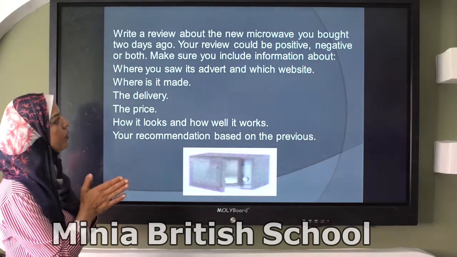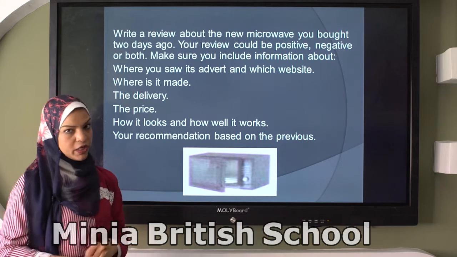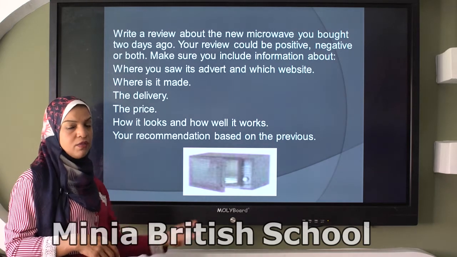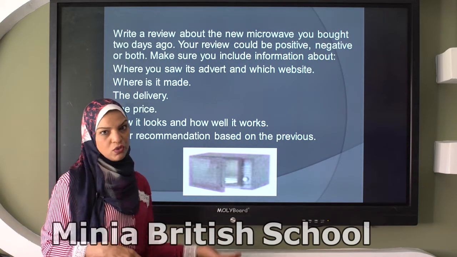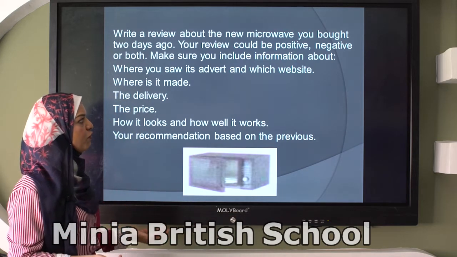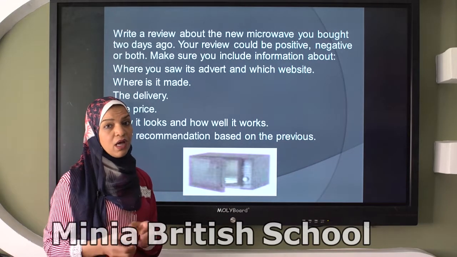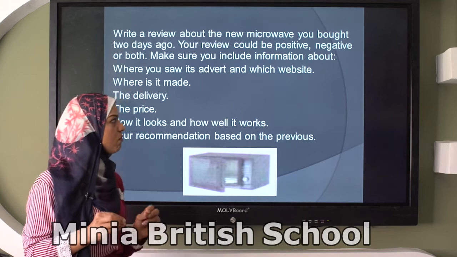Make sure you include information about where you saw the advert and which website. If I saw that in the newspaper, you have to mention which newspaper. If you say that you saw the advert on the internet, you have to tell me which website. And I know that you can name so many websites.